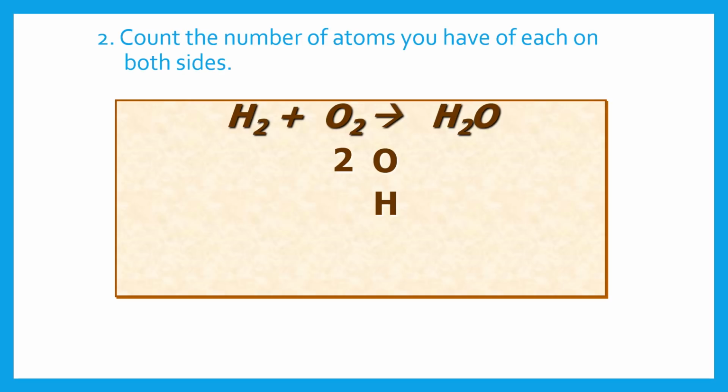Oxygen on our reactant side has 2. On our product side, there's only 1. Hydrogen's 2 and 2, so hydrogen checks out. Hydrogen's good to go, but this oxygen, not so much. So we've counted it, we've determined that this is an unbalanced equation.